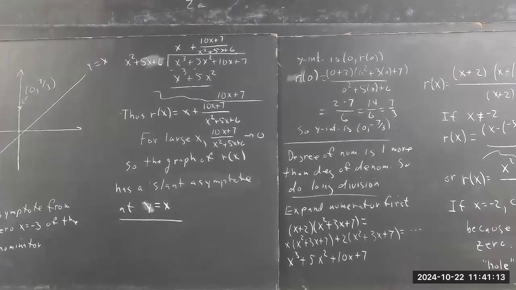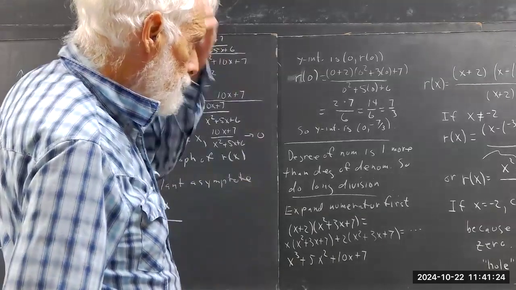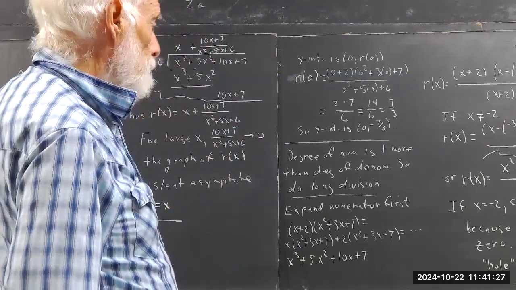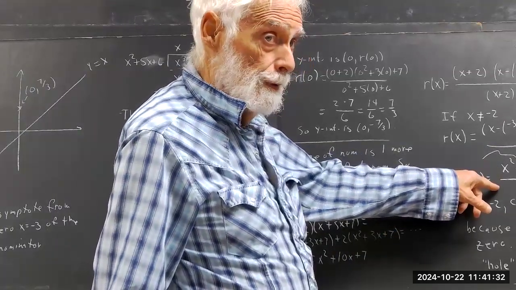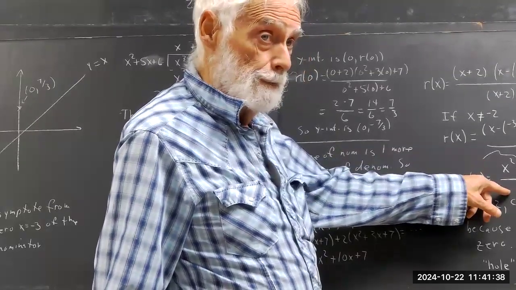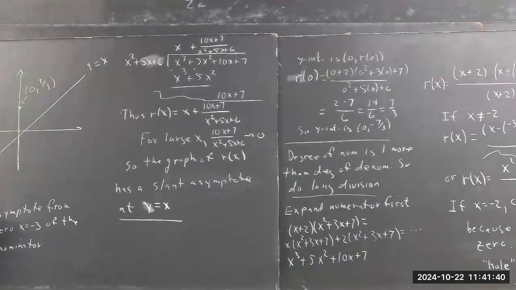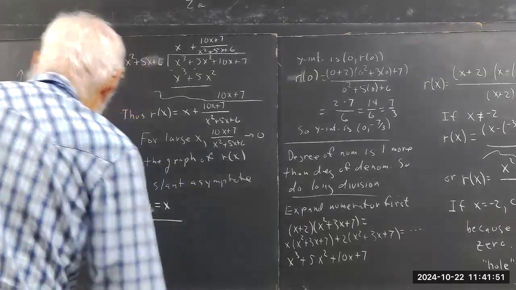Okay, this means that the graph starts out with really big negative values. Really big negative values. Comes down to this. If x is a huge negative number, this is positive, this is negative. It's got to come along the x equals -3 line. It's got to have a vertical asymptote here, which means I did a lot of writing right where I need to draw my graph.